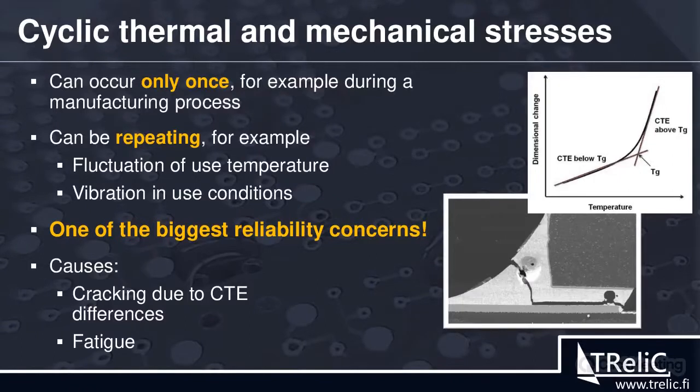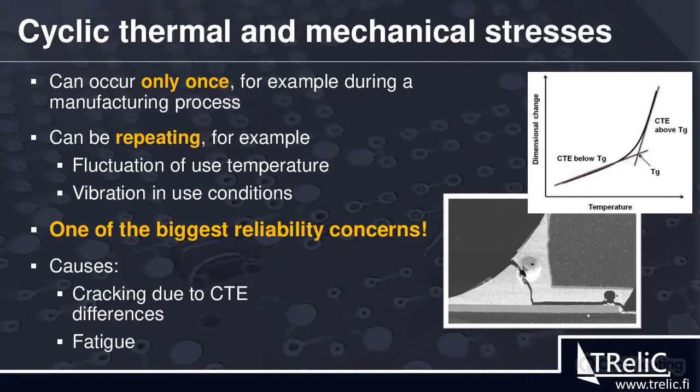So I already mentioned the thermal cycling, and said that I'm going to talk a bit more about that. So fluctuation of temperature is one of the main reasons for failures.